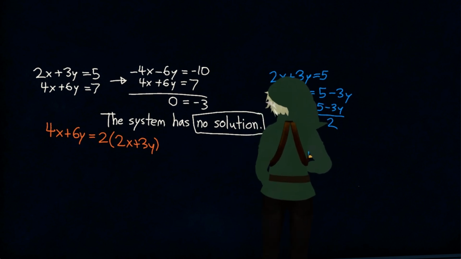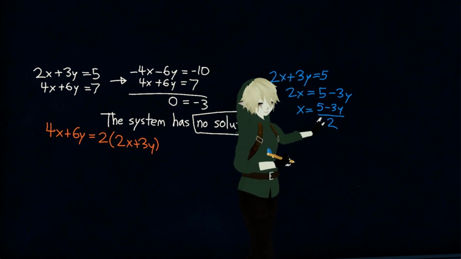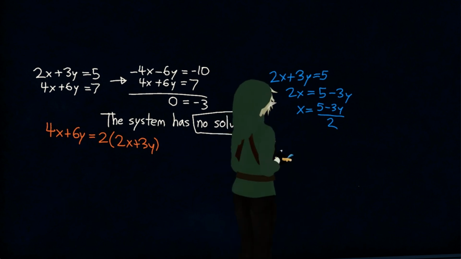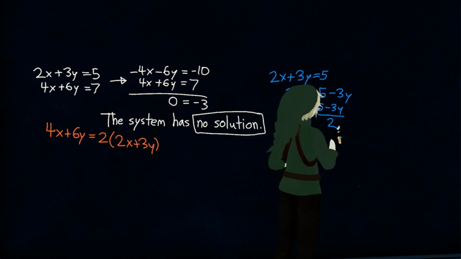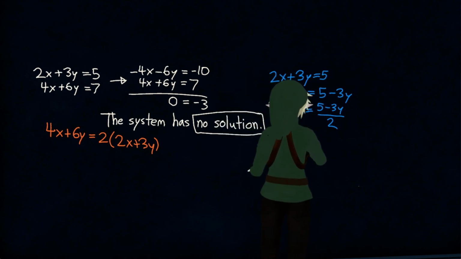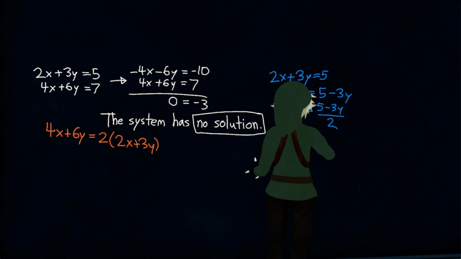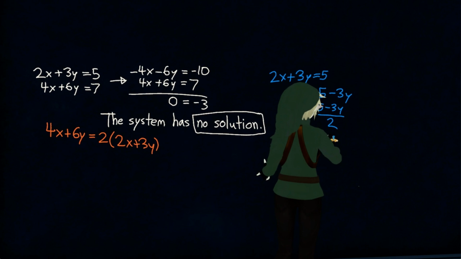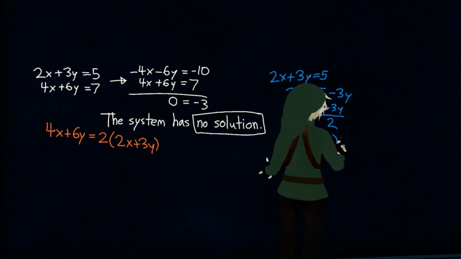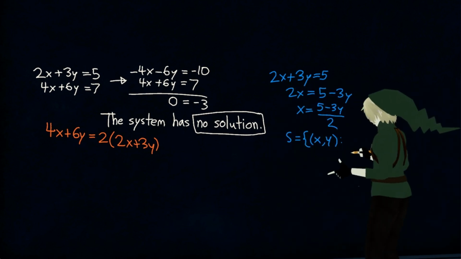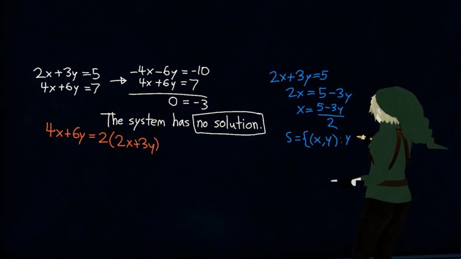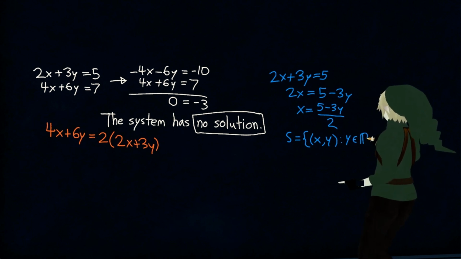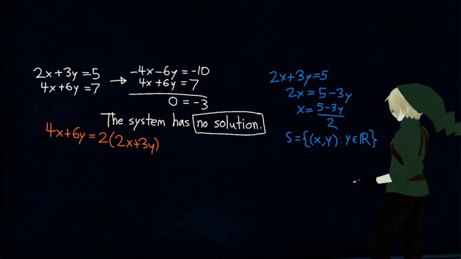That y is now our free variable. So because of that, we can just write our solution like this. Because we only have x and y, just write x and y. Again, we write the format so that you don't get lost. And then our free variable is y. So that y can be literally any number.